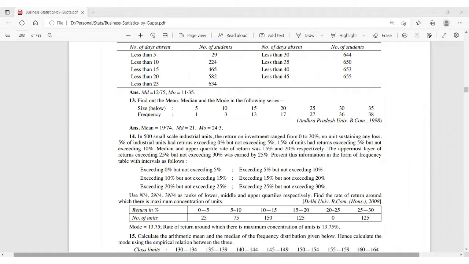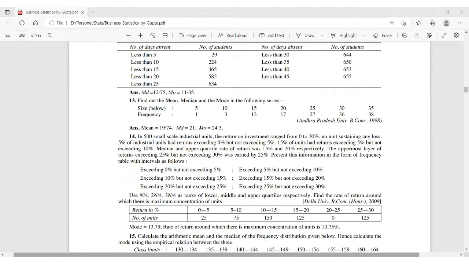Second case, take the values 50, 100 and 150. The average is 300 divided by 3, the same, 100.